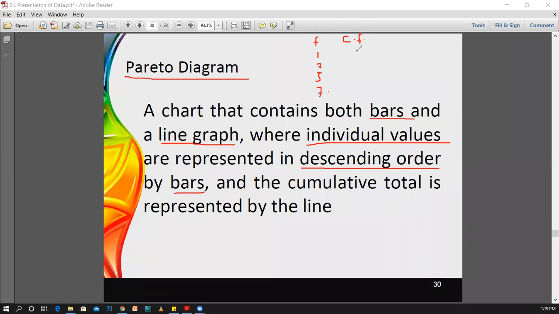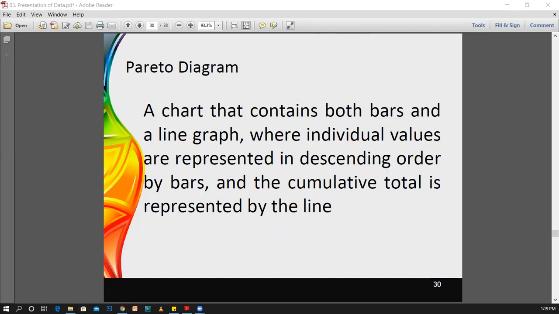Then 1 goes here, then 1 plus 2 is 3, then 3 plus 5 is 8, then 8 plus 7 is 15. Then you can have this as the cumulative total. The line graph shows the cumulative totals in the Pareto diagram.